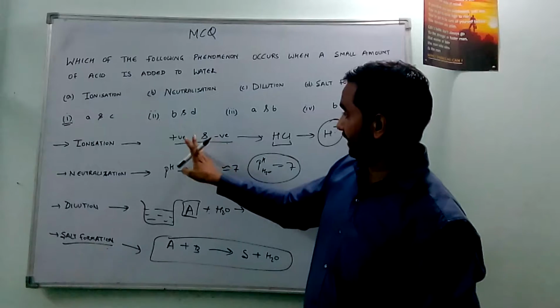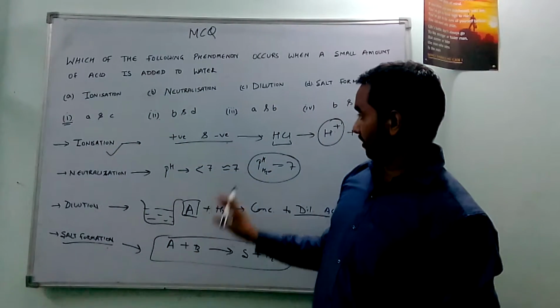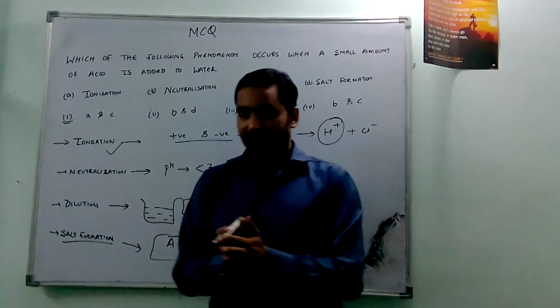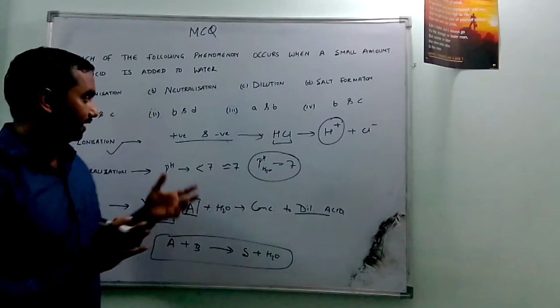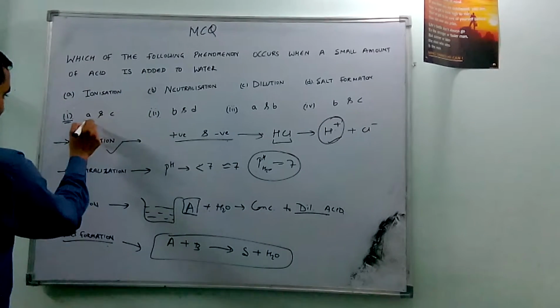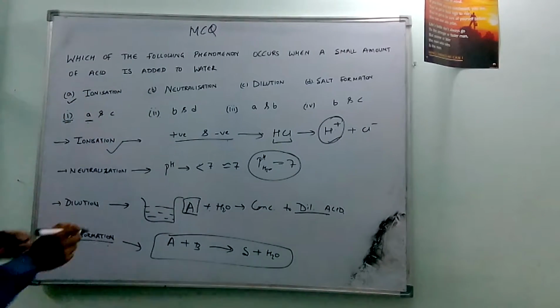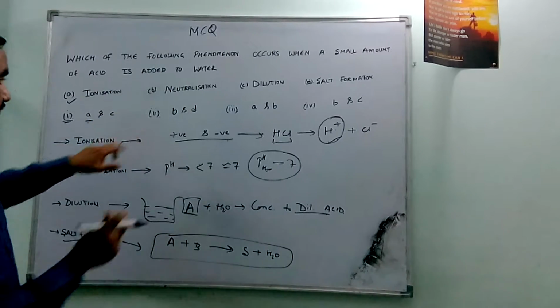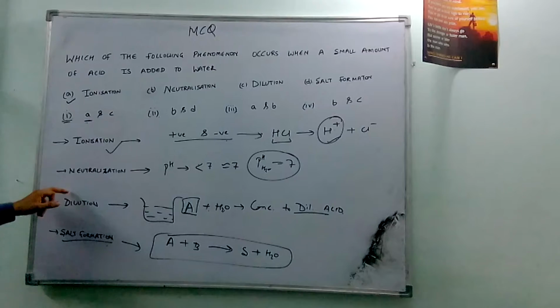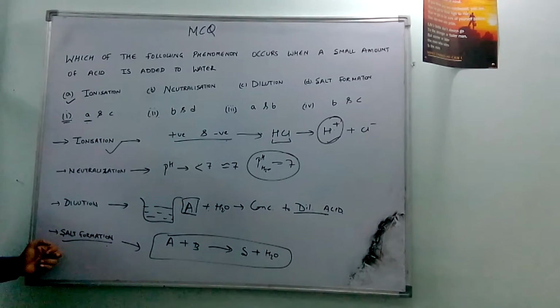Here we can see ionization is going on because acids split their content into positive and negative ions, so we know that A is always present. Now we have to conclude whether neutralization, dilution or salt formation is occurring.